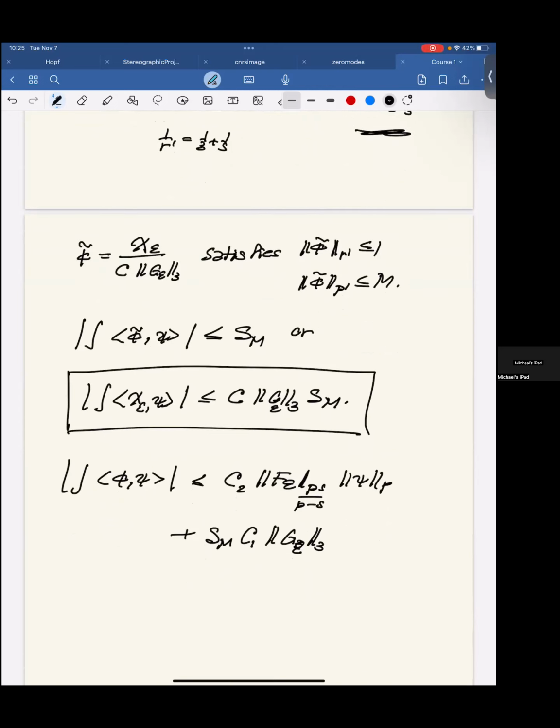Okay, very good. So now remember, by assumption, I still have this parameter epsilon, which is free. We had this assumption that this is less or equals epsilon.